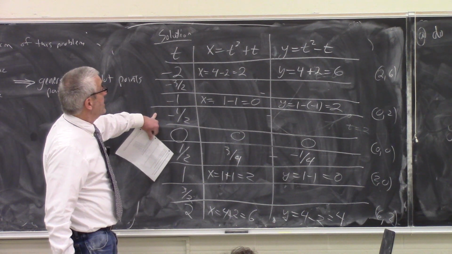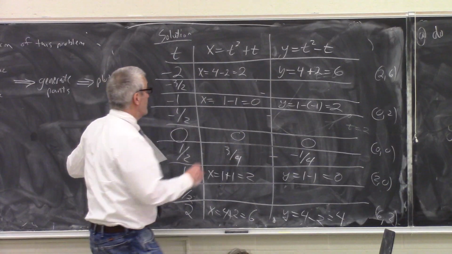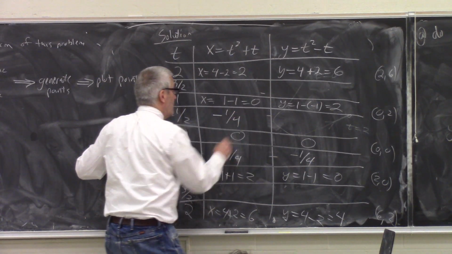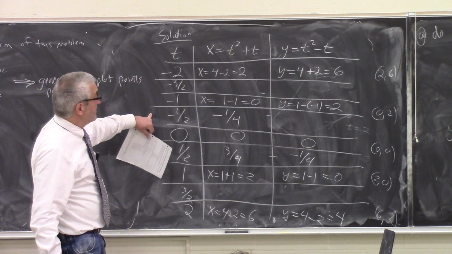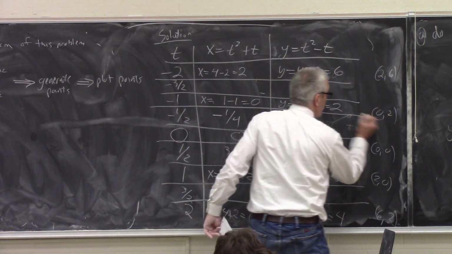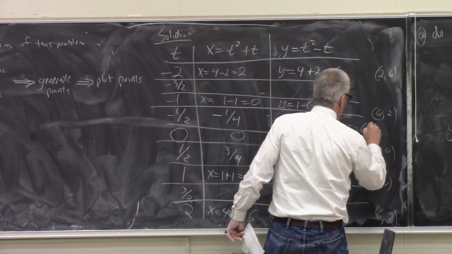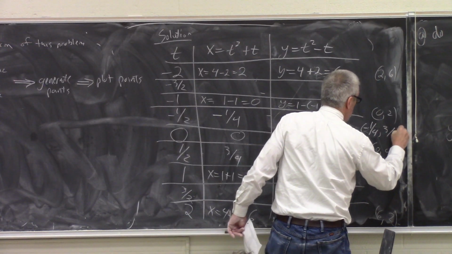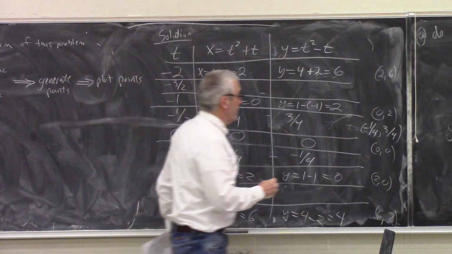Then x is going to be 1/4 minus a half, so that's minus 1/4. And y is going to be 1/4 minus a -1/2, so that's going to be 3/4. So I've accumulated 2 more points: 3/4, minus 1/4 and minus 1/4, 3/4.